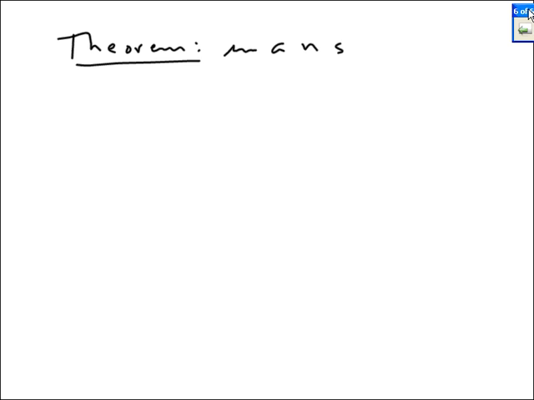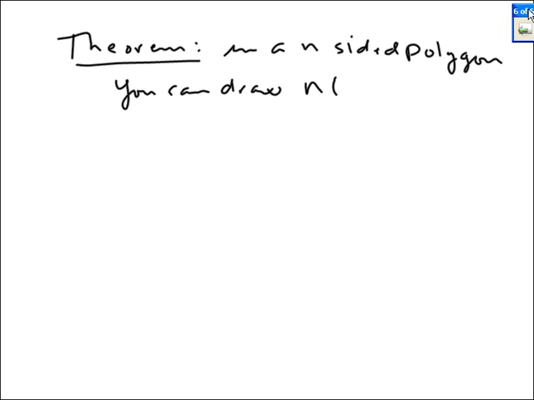In an n-sided polygon, you can draw n times n minus 3 over 2 diagonals. Spell diagonals right and we'll be done. Okay, n times n minus 3 over 2 diagonals.